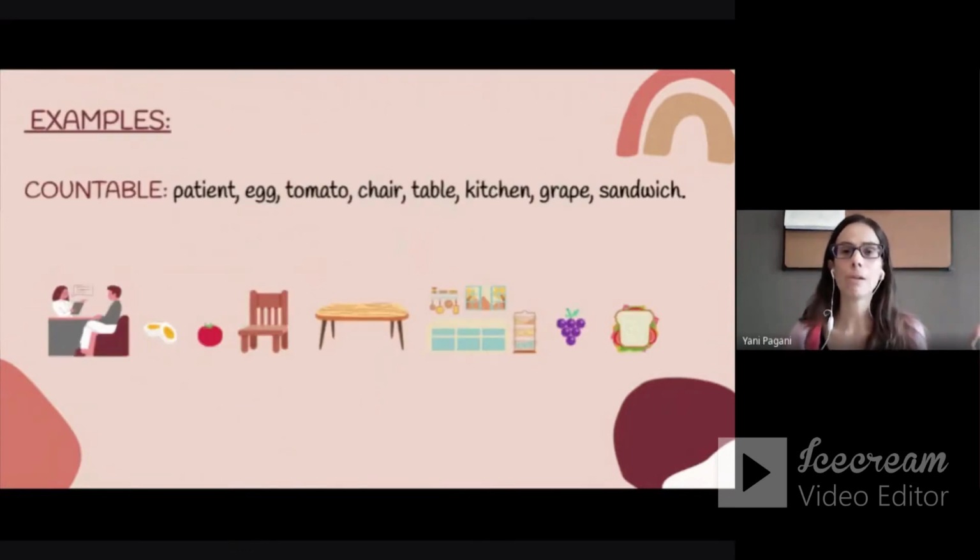For countable nouns, we have some examples here. We can say patients. We can count 1 patient, 2 patients, 3 patients, all the patients that you have. Eggs, we can count the eggs. Tomatoes, chair, table, kitchen, grape, 1 grape, 2 grapes, 3 grapes, and sandwich or sandwiches.